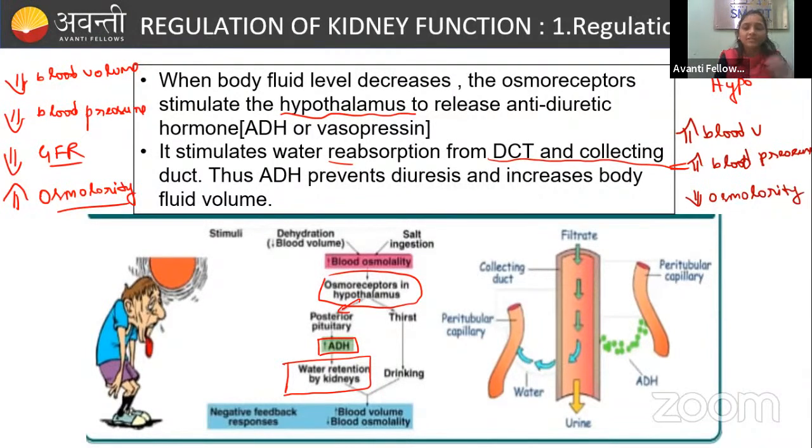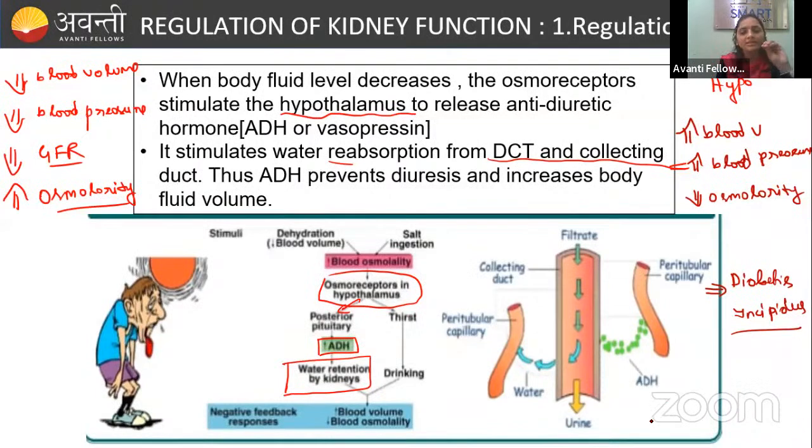And you know that, guys, when this ADH hormone is not there, deficiency of this ADH hormone will lead to diabetes insipidus. What will happen in diabetes insipidus? Frequent urination is going to happen. Why? The ADH hormone is not there, right? Where the ADH hormone is there, it will reabsorb the water from the DCT and the collecting duct, right?